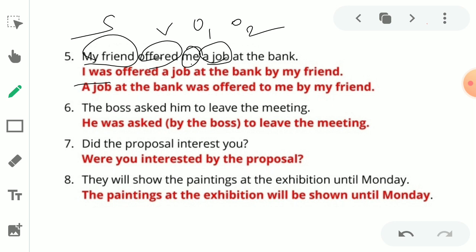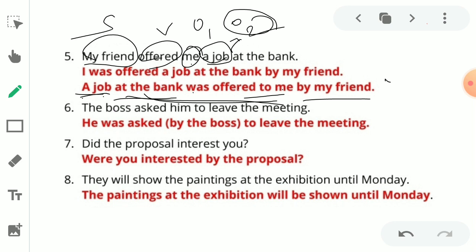Okay, let's just do the second object. A job at the bank was offered to me by my friend. Here, a very simple thing is that you can take a job, because your object is a job at the bank. You can also place at the bank after that. Why? Because you can write: a job was offered to me at the bank by my friend.